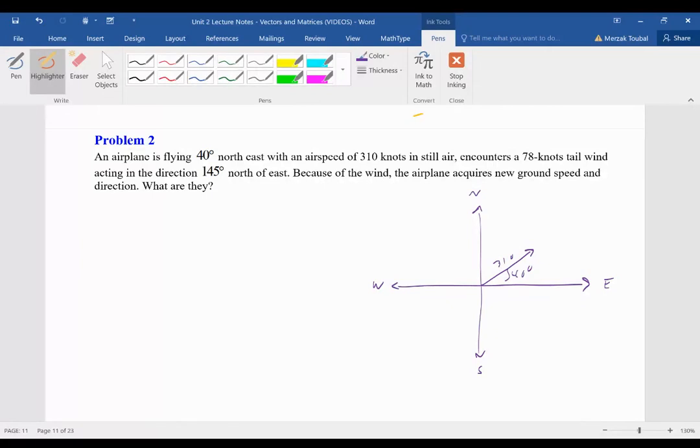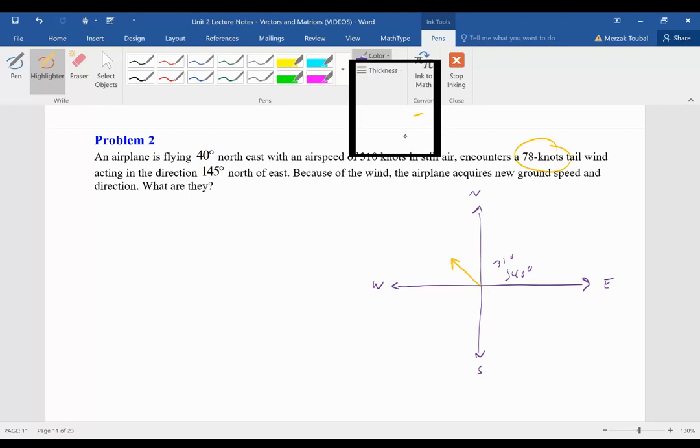It encounters, so let's use a different color, a wind acting in the direction of 145 north of east. So approximately this one. But it has to be smaller because this is only 78 knots. So let's extend this one so the picture will make more sense.